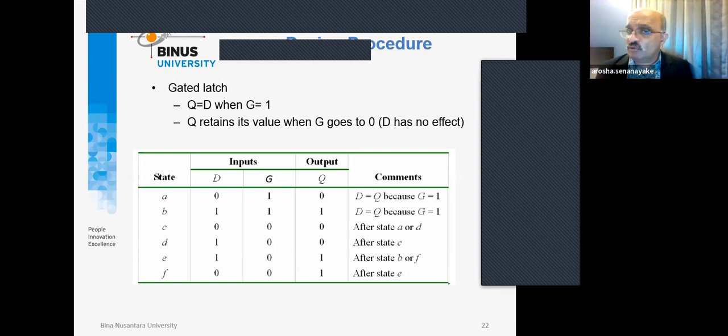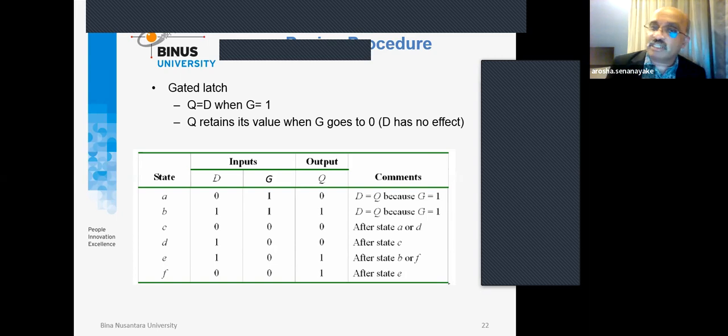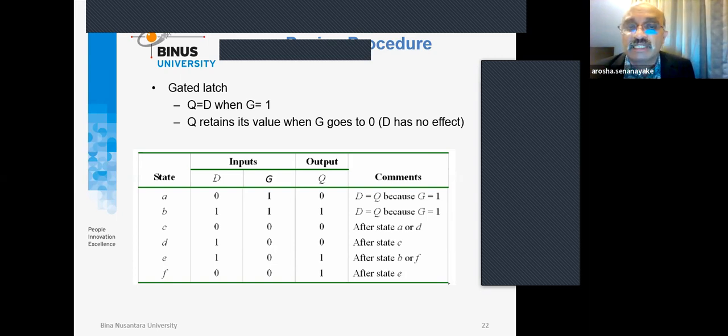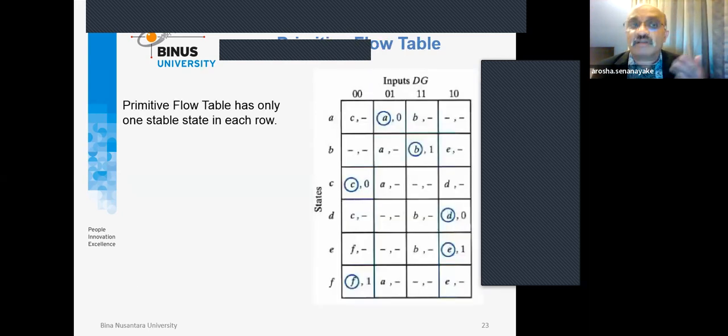So you have to understand that Q in this case you have to see as a feedback. So in that way, what we can see is that these last two you can get after state E or F. So after state E, we can call it the table prepared, so that we can go for the tables such as, for example, flow table and implication table, and so forth.